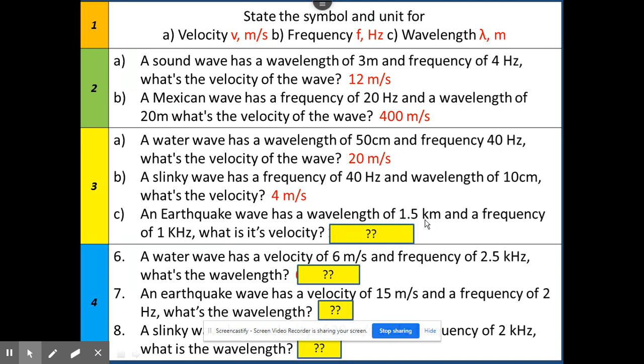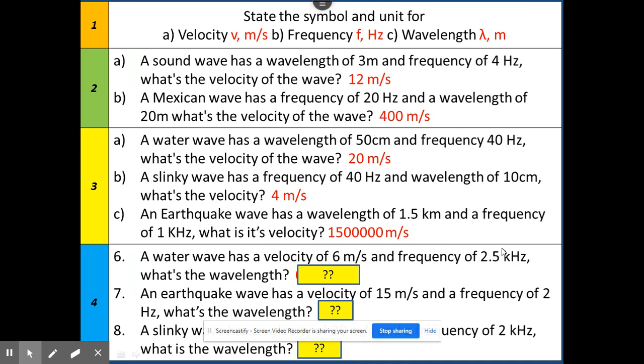So look, you've got a kilo there and a kilo there, so it's going to be times 1,000 times 1,000. You're going to get 1,500,000 meters per second.